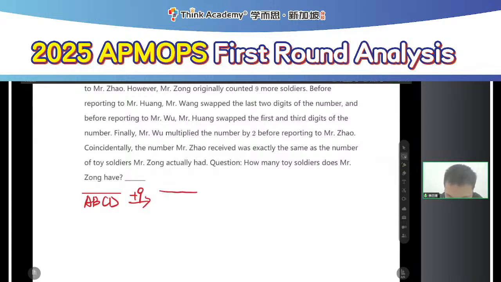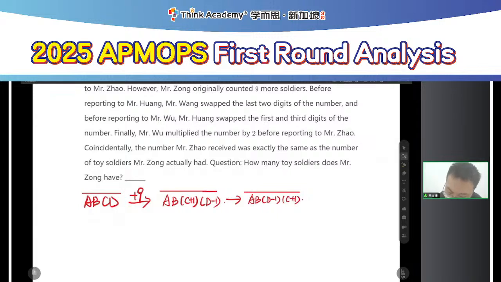So generally, if one number plus a 9, we have a carryover 1 on the 10th digit, and the last digit becomes D minus 1, right? So when we plus a 9. And then the second one, swap the last 2 digits, so make it into A, B, D minus 1, C plus 1.